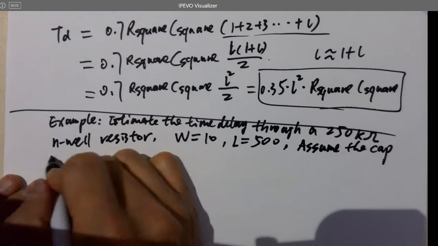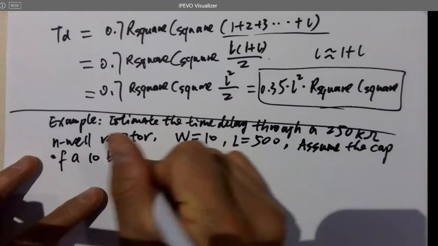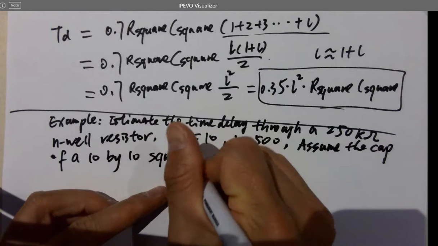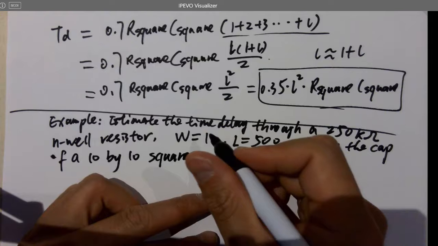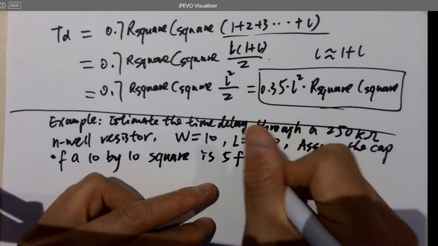The cap of a 10 by 10 square is 5 femtofarad.